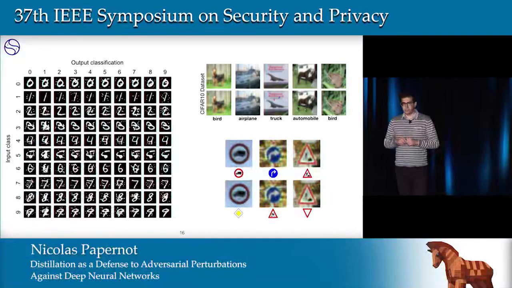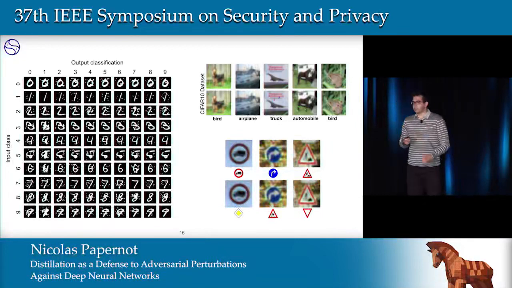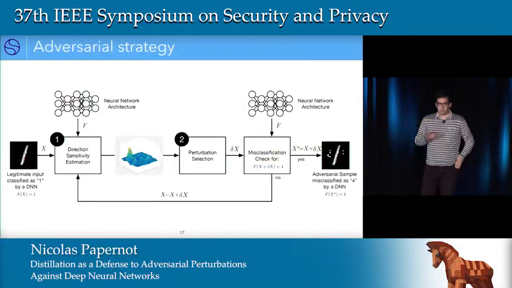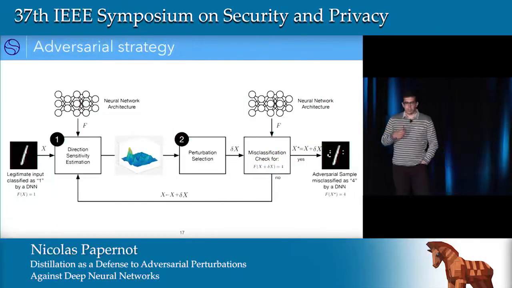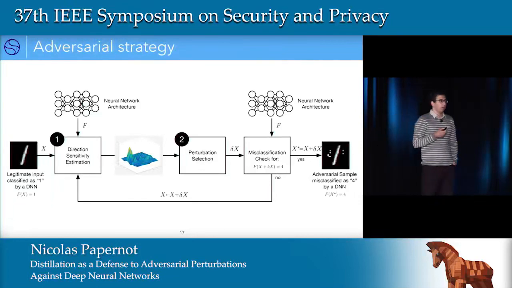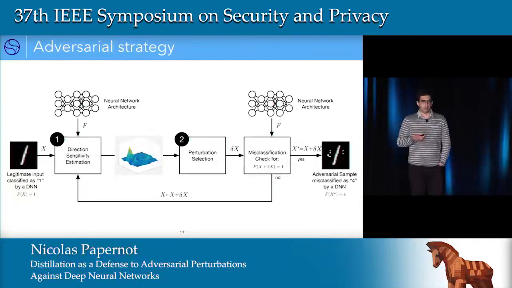And below it is a traffic sign data set where you can, for instance, classify a no truck sign into a yield sign. And how this is done is by computing the Jacobian of the model with respect to the current input, which gives you an estimation of the sensitivity of the model.